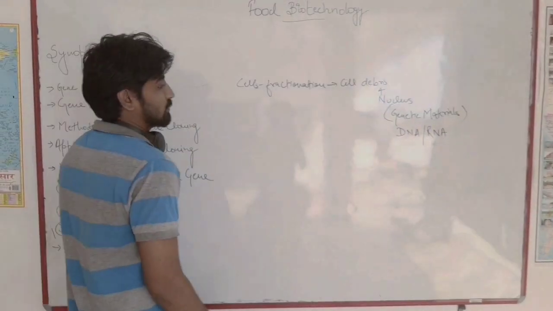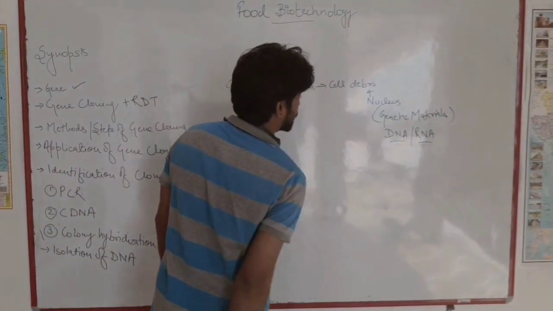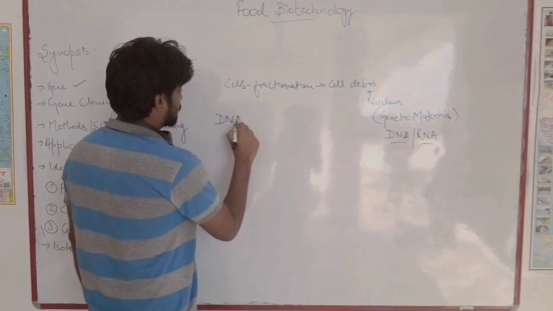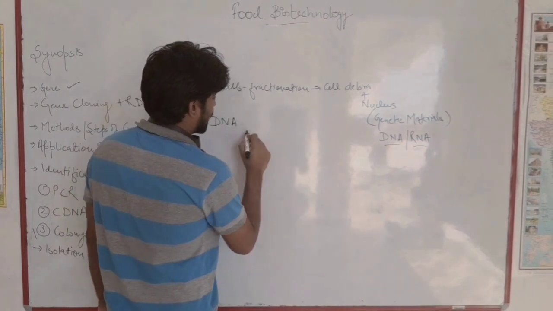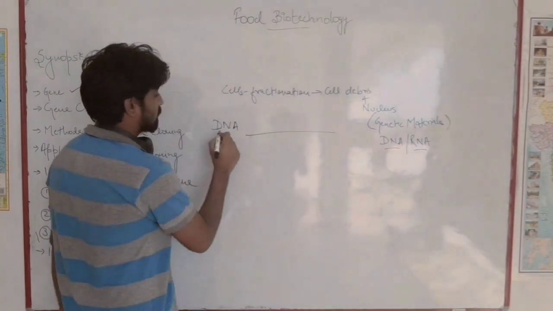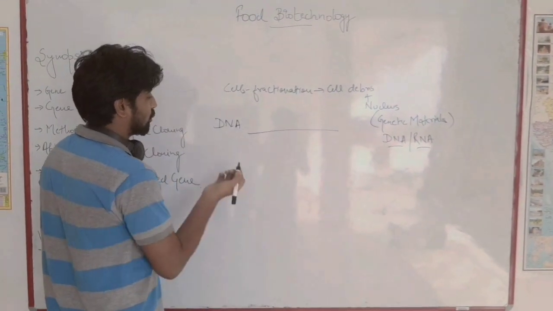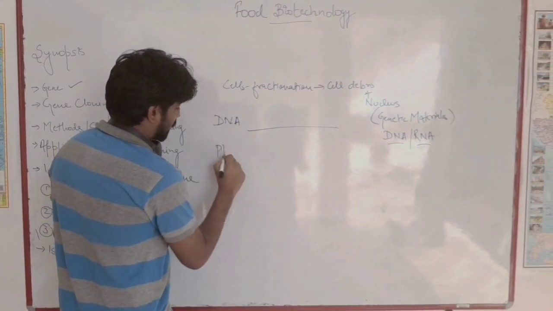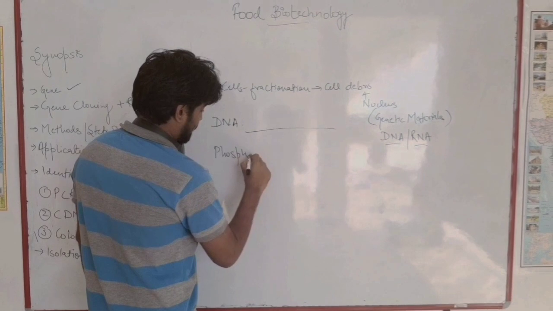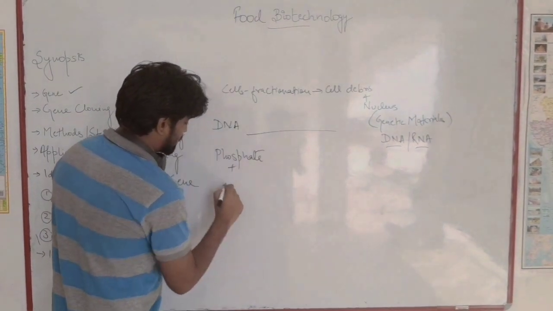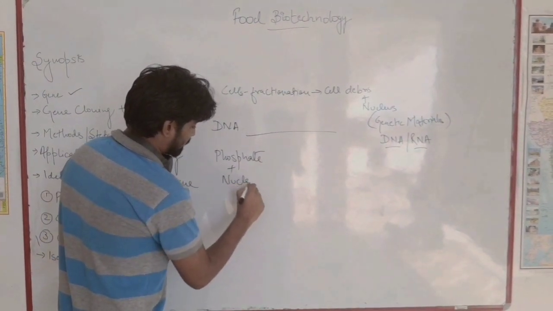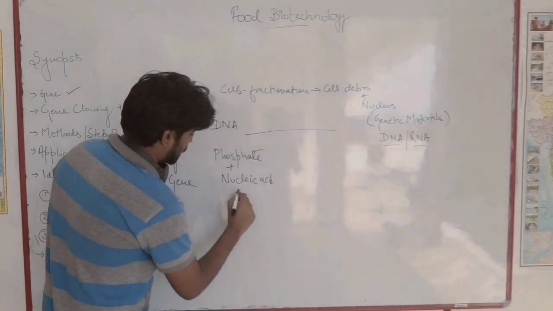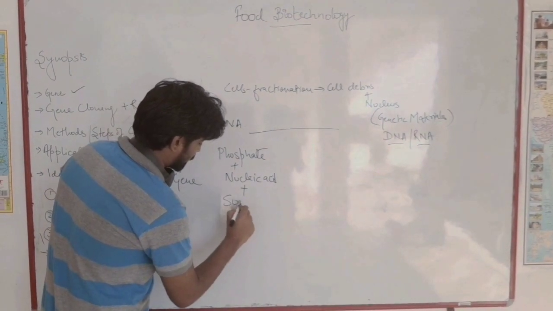What is DNA and what is RNA? We'll talk in short. DNA is deoxyribonucleic acid, where this DNA will have a sequence. I'll tell you the composition of DNA. You will have the phosphate plus the nucleic acid plus the sugar.